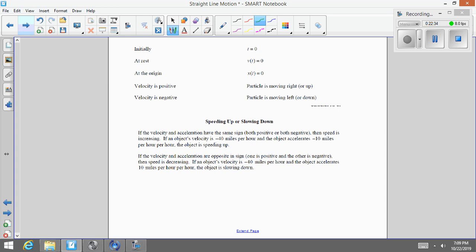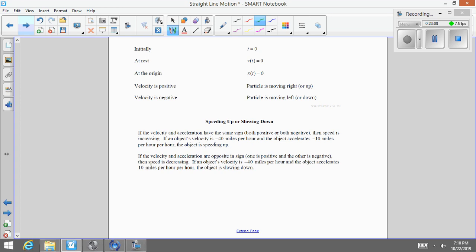Velocity is positive means the particle is either moving right or up. Velocity is negative means the particle is moving left or down. And then here's another description of speeding up or slowing down. If the velocity and acceleration have the same sign, both positive or both negative, then speed is increasing. If an object's velocity is negative 40 miles per hour and the object accelerates negative 10 miles per hour, then the object is speeding up.